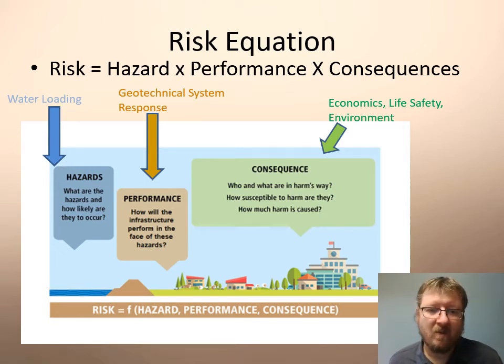And so the risk is calculated at all the water loading probabilities. It's integrated and annualized, and this is how we get our annualized risk. So the geotechnical engineers are really responsible for this performance piece of the risk equation and predicting how the system will respond.